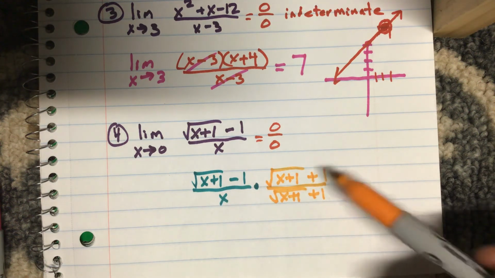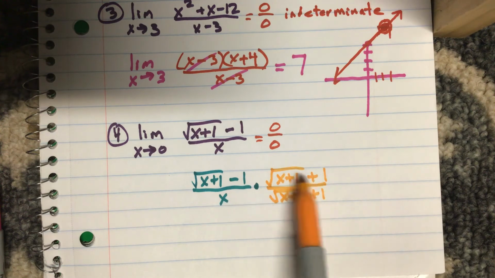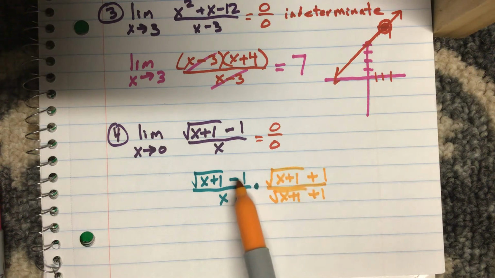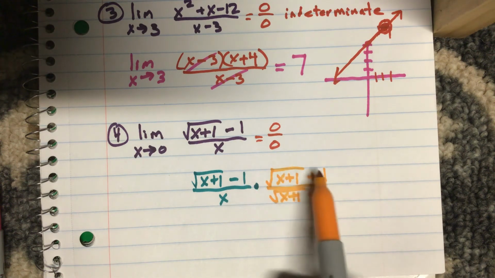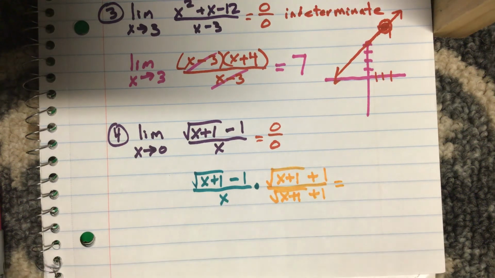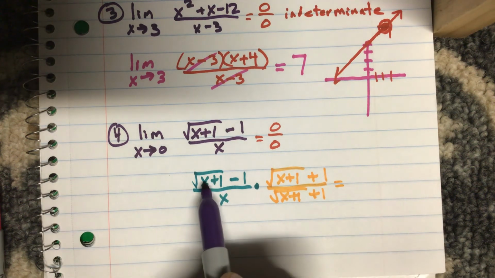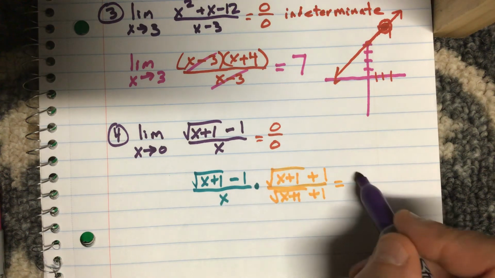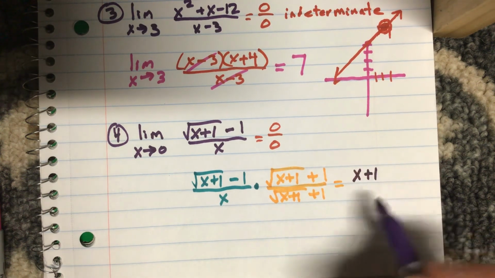And this is called the conjugate because what's going to happen here when you FOIL, if you will, the middle term will just sort of disappear because you'll have a negative of this and a positive of this, and they'll cancel each other out. So when you multiply this out, this radical times this radical will make the radicals disappear, and you'll just end up with x plus 1.